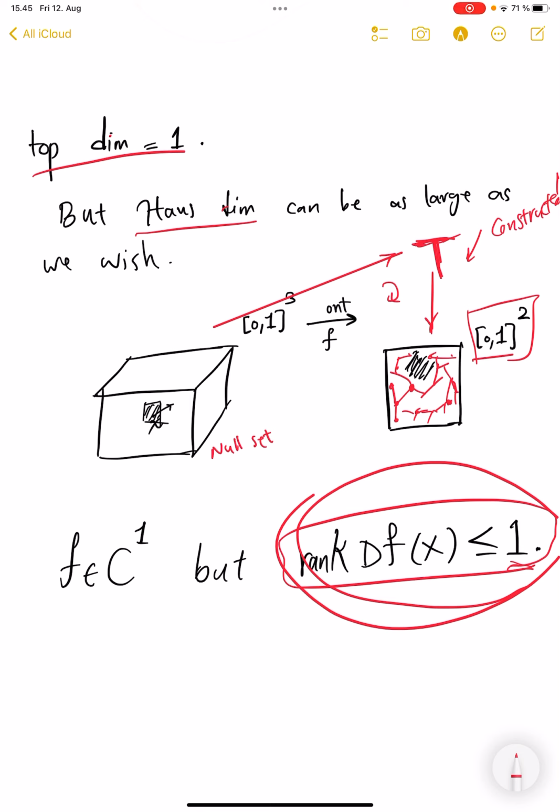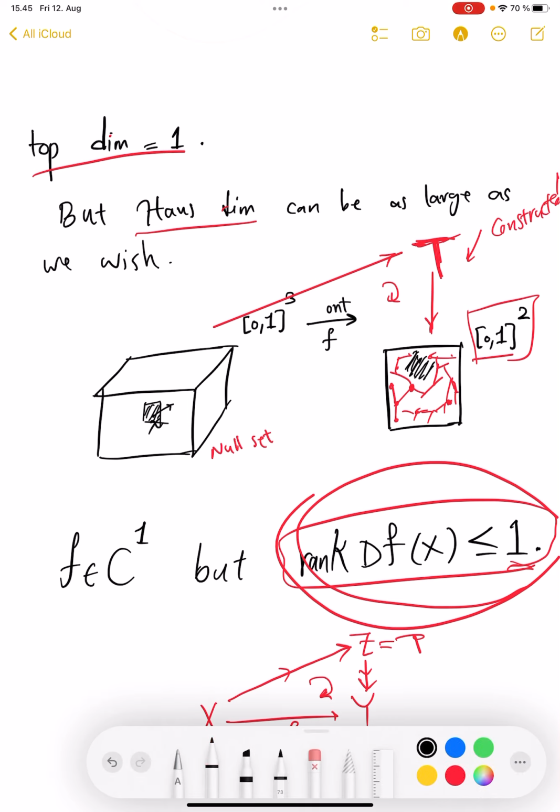We had the map f that went from x to y, and we succeeded in using the structure of y and x and f, and of course the assumption of rank less than 1, to construct this tree, and then prove that there are Lipschitz maps this way and this way, which make this diagram commute.